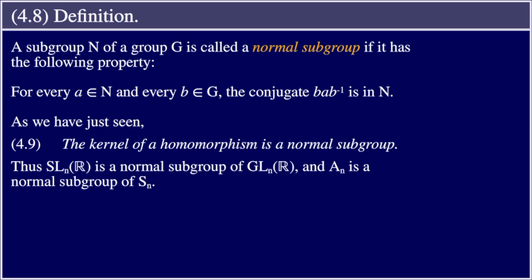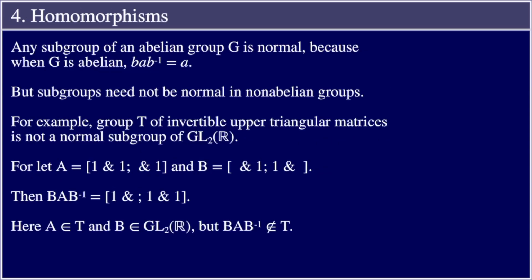Thus, SL_n(R) is a normal subgroup of GL_n(R), and A_n is a normal subgroup of S_n. Any subgroup of an abelian group G is normal, because when G is abelian, bab^-1 = a. But subgroups need not be normal in non-abelian groups. For example, the group T of invertible upper triangular matrices is not a normal subgroup of GL_2(R).